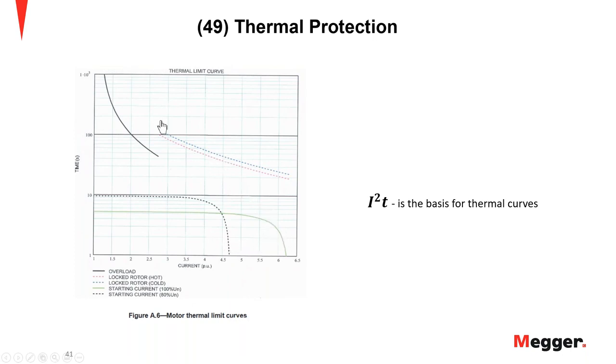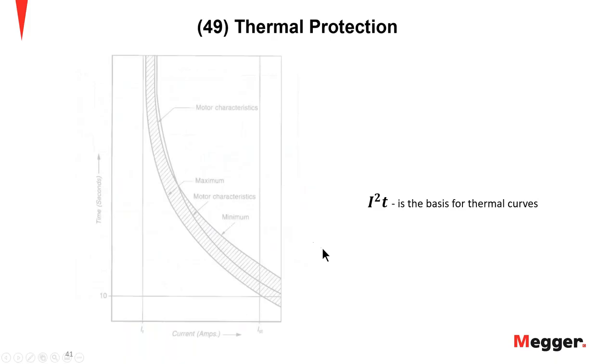Then here's your thermal loading curve, and as we saw before, we're trying to take this curve and match it against the overload. You also have the motor thermal damage curve as well. So we want to make sure that we coordinate. It's a tight space in there, but we want to make sure that everything is coordinated properly and protected.